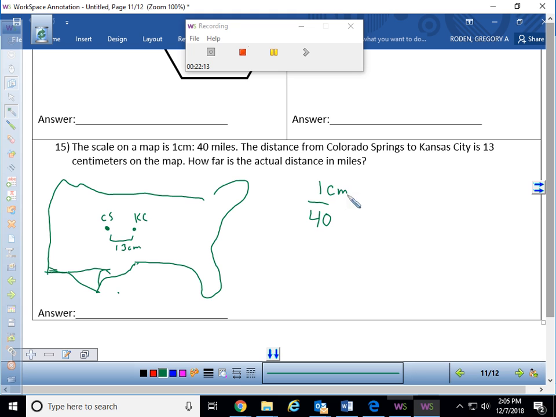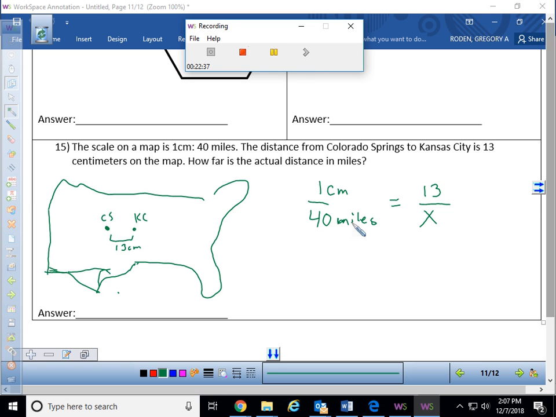So it's 13 centimeters on the top and 40 miles on the bottom. So if we're measuring centimeters, we're going to put that on top. Okay? So because centimeters was on top here, and this is an x.